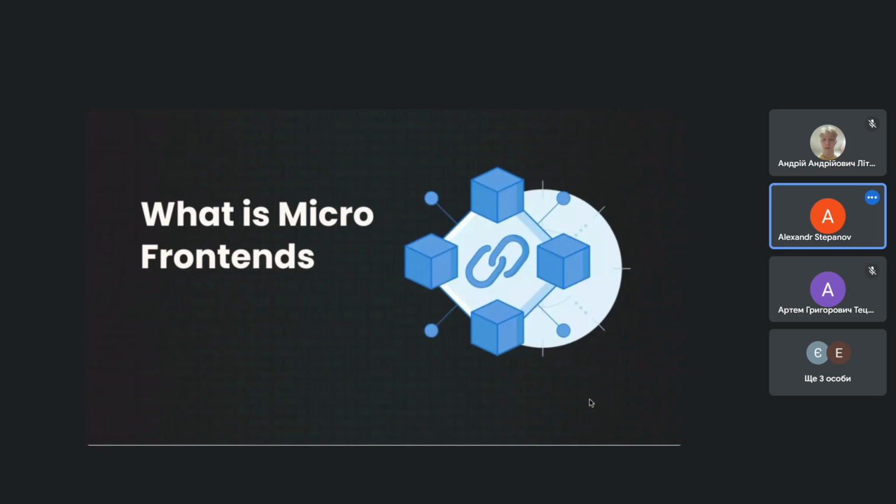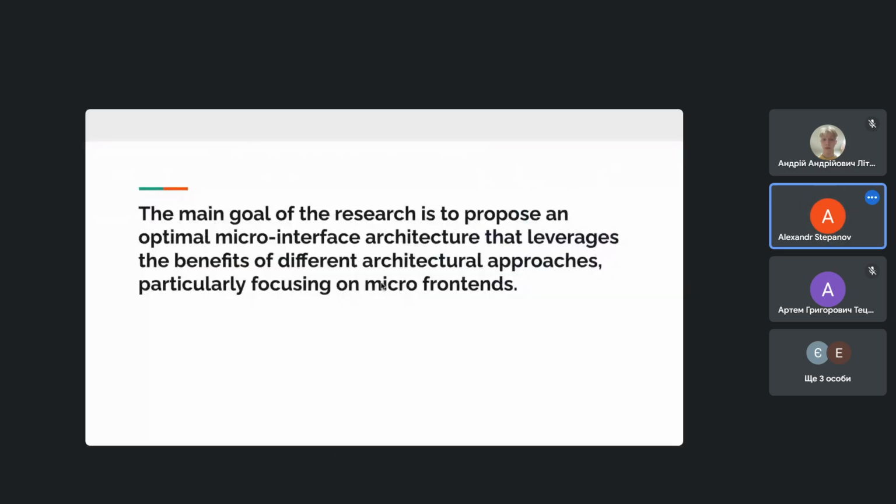Okay, let's continue. The main goal of the research is to propose an optimal micro front-end architecture that leverages the benefits of different architectural approaches, particularly focusing on micro front-end. The architecture aims to improve the development process and enhance the quality and efficiency of communication between independently deployable units, or micro front-ends.